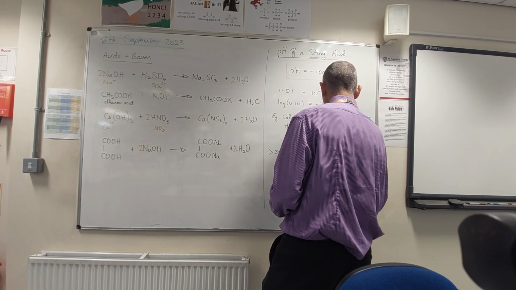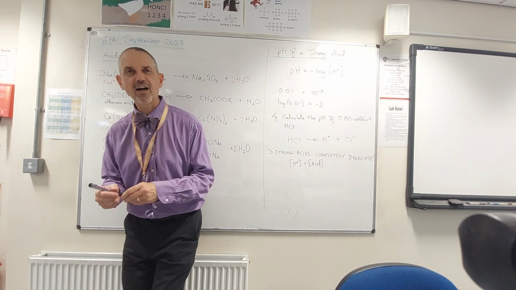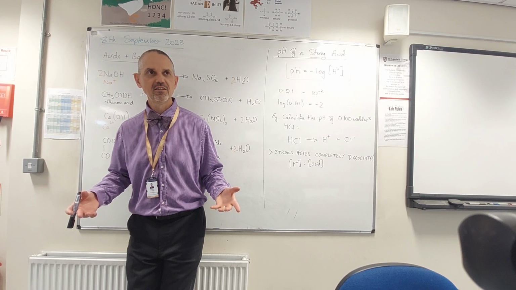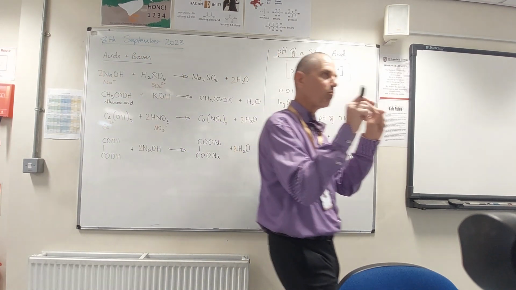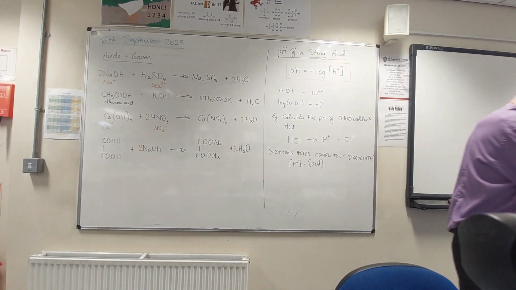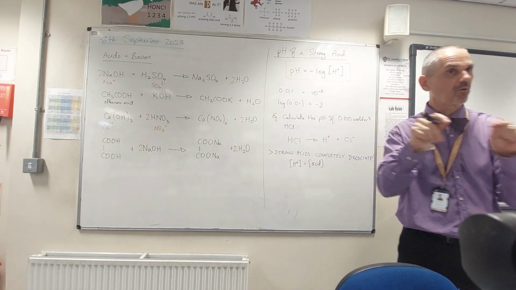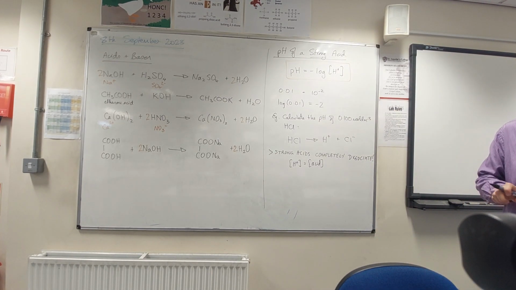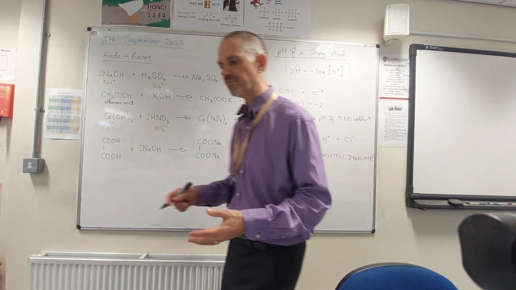By concentration of acid, I mean what's written on the bottle, or what's written in the question. So if the question is, what is the pH of 0.1 mole per dm cubed HCl, I can go 0.1 mole HCl, that's the same as 0.1 mole H plus. I can assume they're the same because it's completely dissociated.